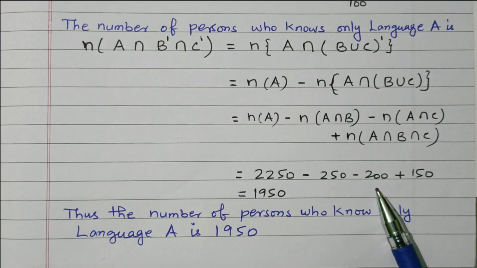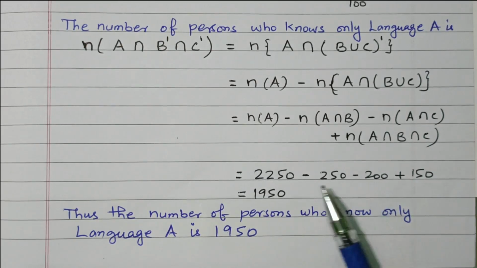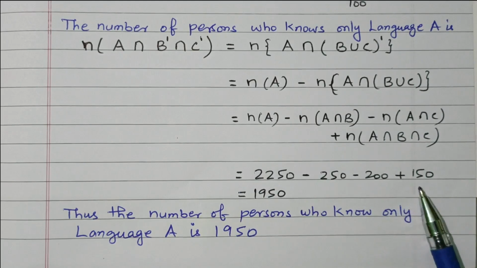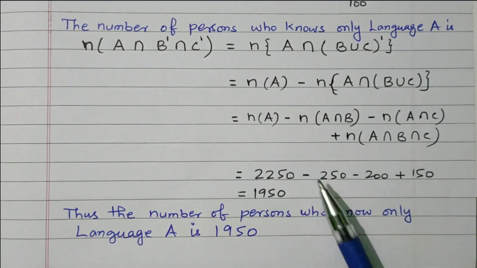Another 200, these 200 are the persons who know A and C. They know A as well as C, but what we need is only A. So these 200 are also subtracted. Plus 150, the persons who know all three languages, A as well as B as well as C, right? So that is included, right?